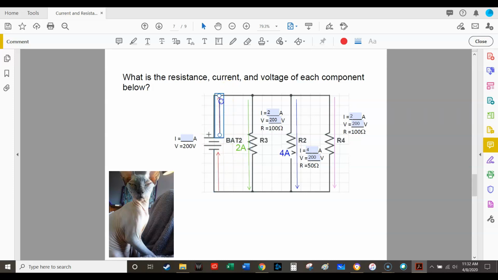That is red. So the current coming from the battery into this junction is red. Green is leaving. And an interesting way of looking at it is if green is leaving, we still have blue and pink leaving on the other side.